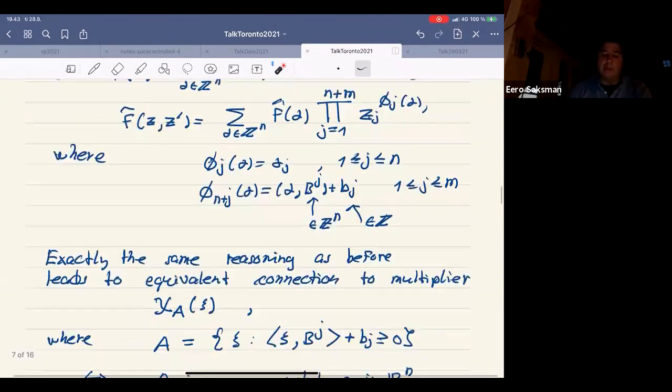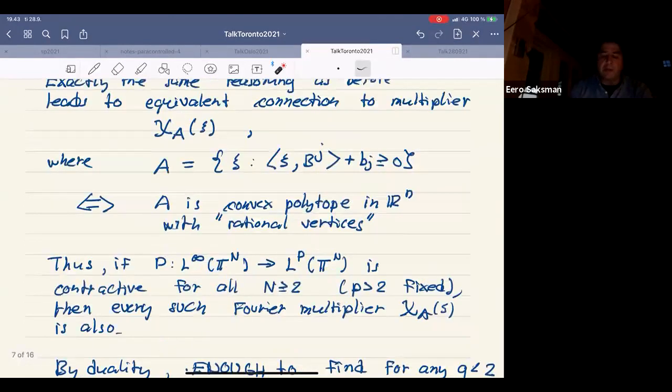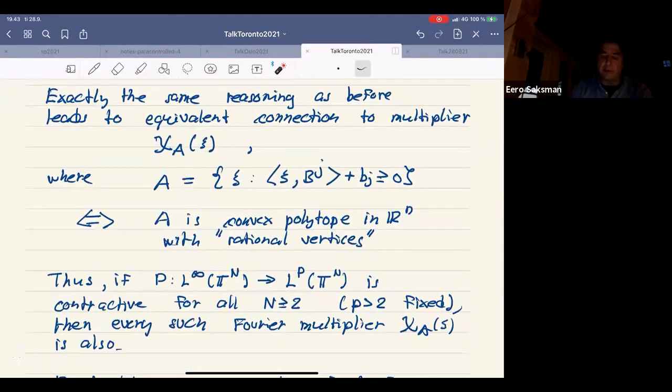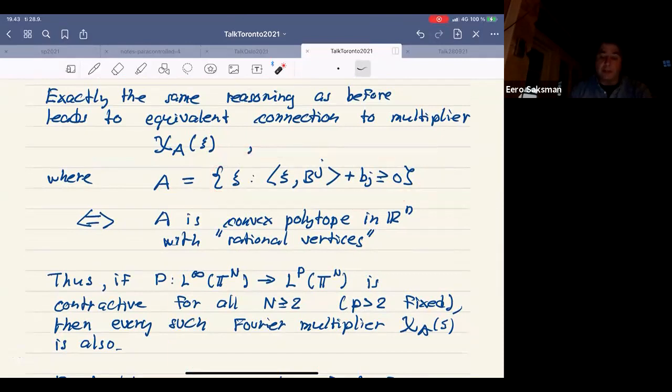And what happens is that I can represent the Fourier multiplier corresponding to this kind of convex polytope with rational vertices, or rational data maybe better, by the same idea.